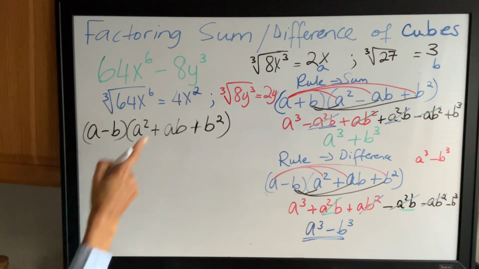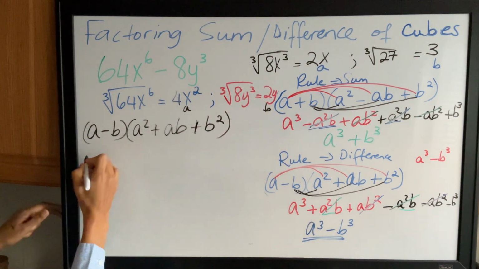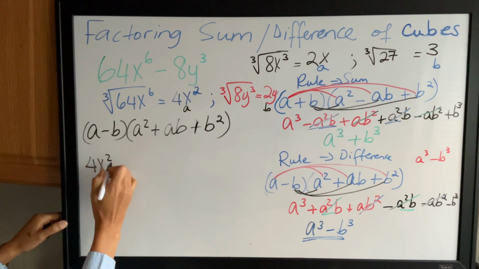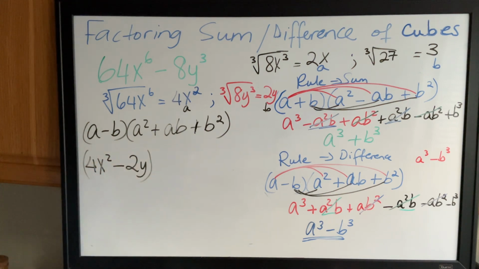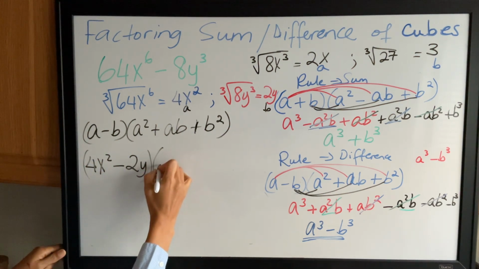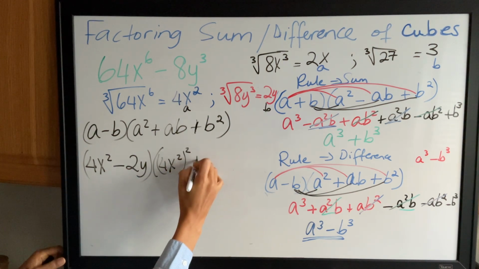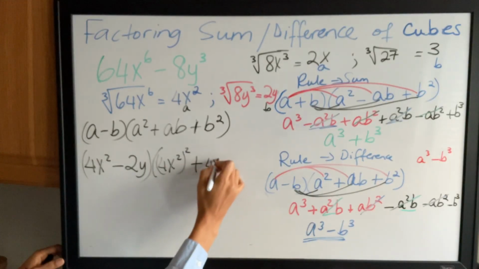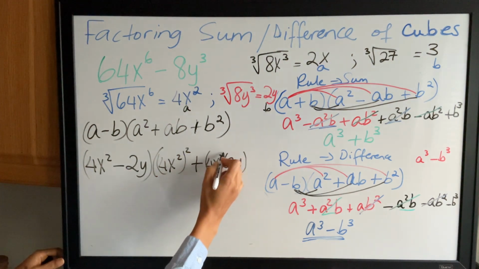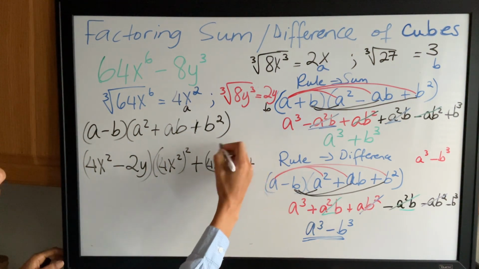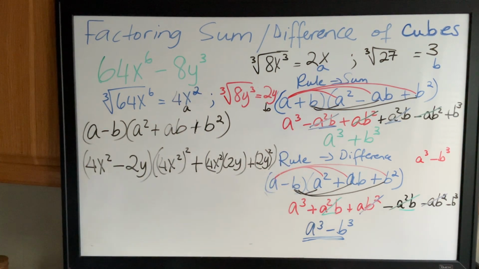Now I'm going to substitute, because this is going to be an a, this is going to be a b, so I have 4x squared minus 2y, so that's your binomial. Then I'm going to multiply that by 4x squared to the 2nd power, change the sign, plus 4x squared times 2y, plus 2y to the 2nd power.